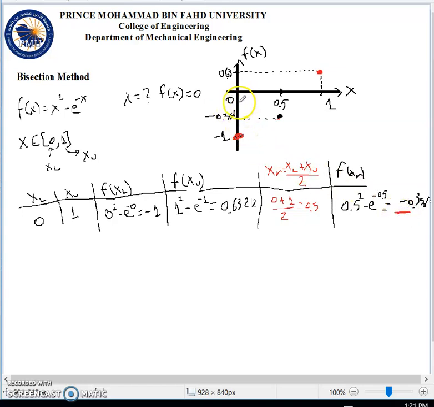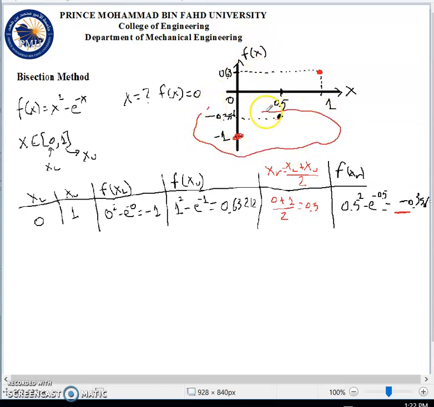So this is a negative number. Let's plot it on our chart. Here's 0, 0.5, 1, and at 0.5 the value of the function is negative, minus 0.356. Now we observe that f of xl and f of xr are both on the same side of the x axis. They are both negative.